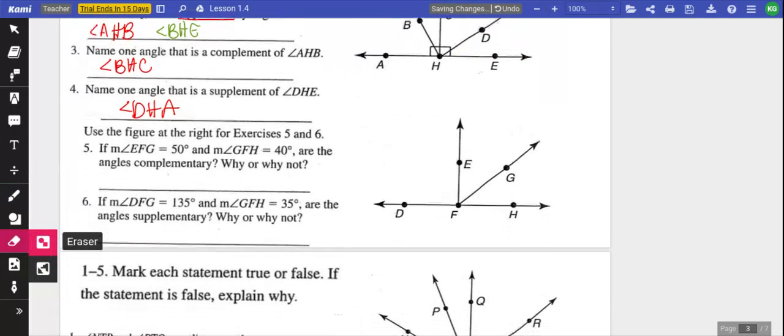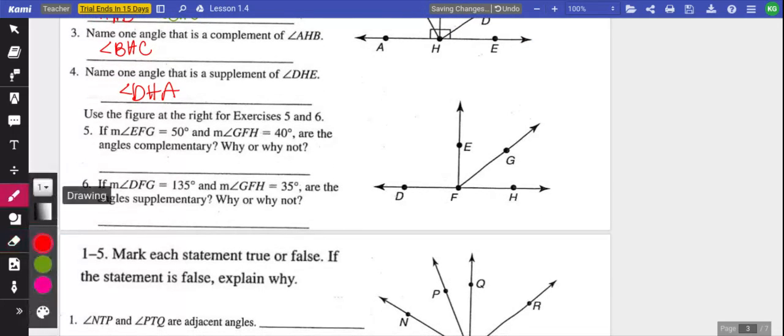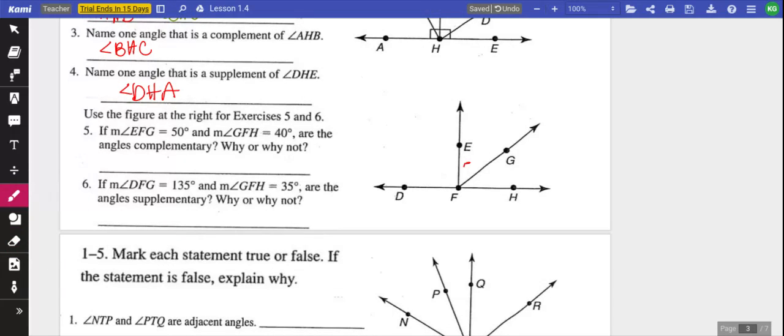Use the figure at the right for exercises 5 and 6. If measure of EFG equals 50 and GFH is 40, are the angles complementary? Yes. Why or why not? They add to 90 degrees.